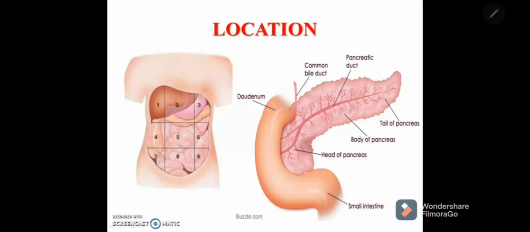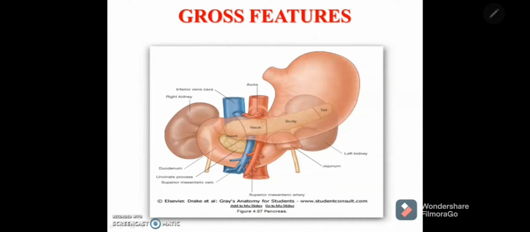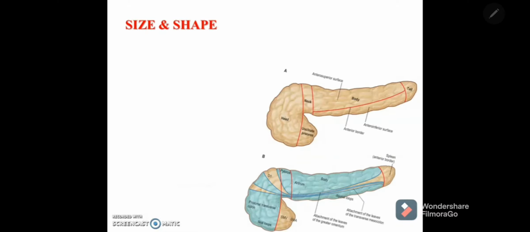So the pain of acute pancreatitis will be felt in the epigastrium and radiate to the back. Actually, when you see here, it lies between the C-shaped loop of the duodenum and extends to the hilum of the spleen, directed upwards, backwards, and towards the left.